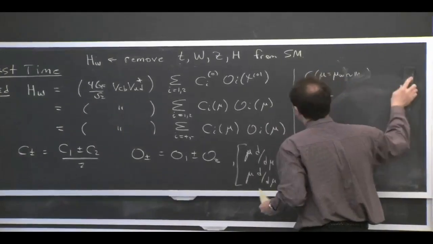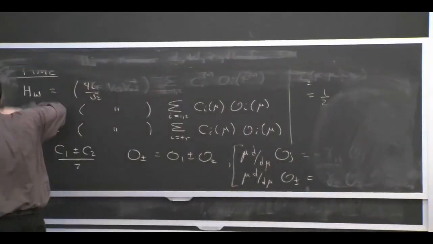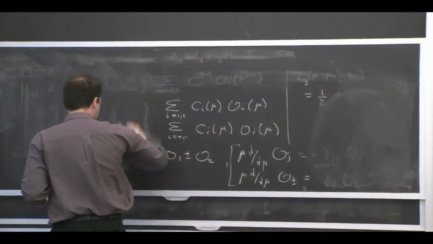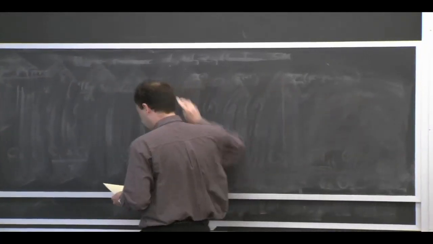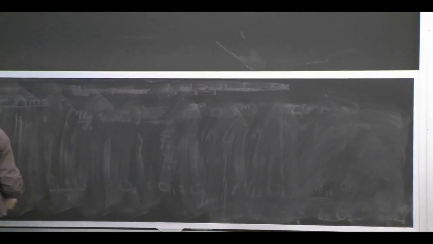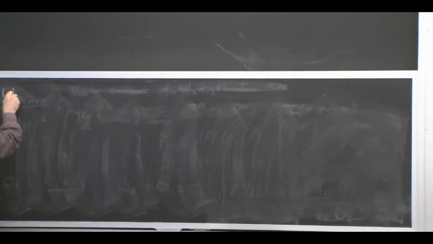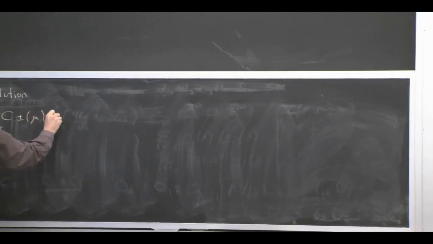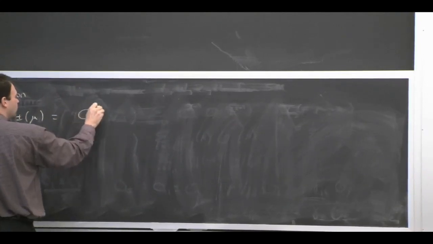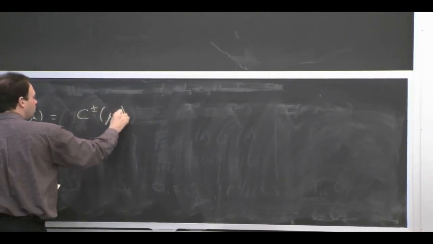So we could take the exponential of that equation, and then we can write C of mu is equal to something that we've determined. Take the exponential, move this guy to the other side.